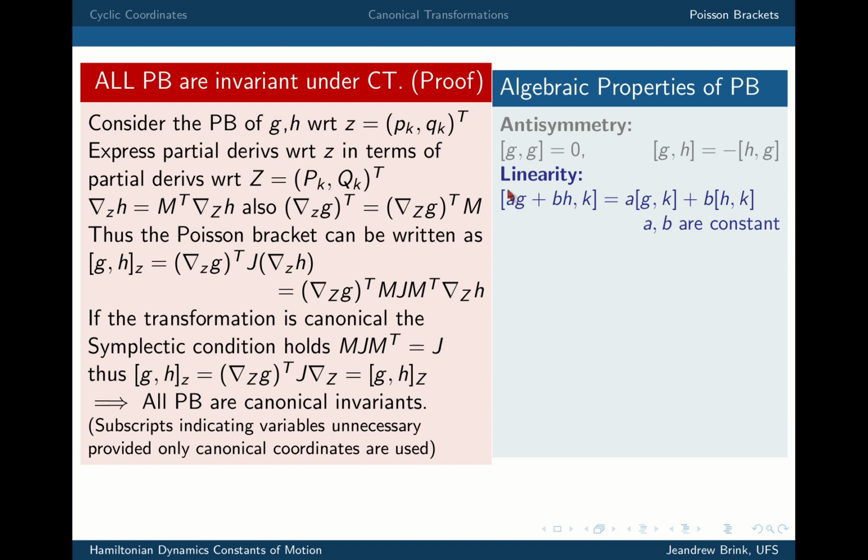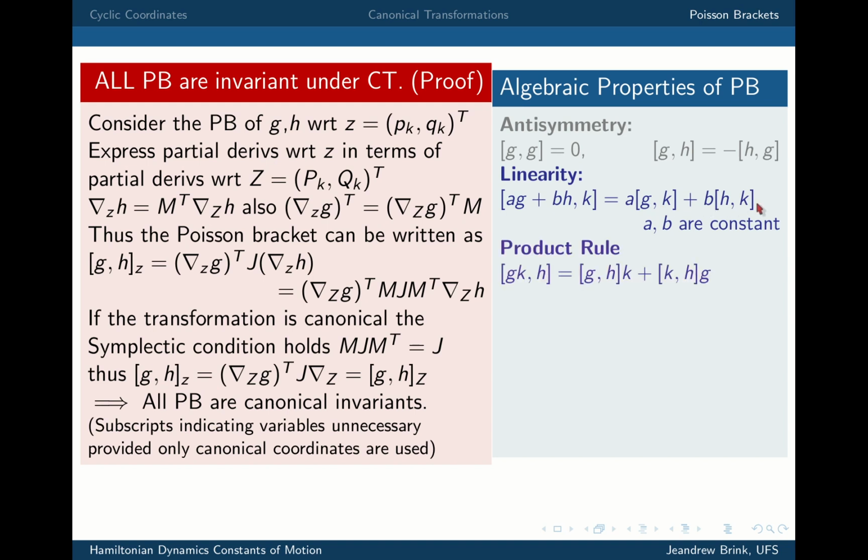Basically, if A and B are constants, then the Poisson bracket of AG plus BH with K is A times the bracket of G with K plus B times the bracket of H with K.